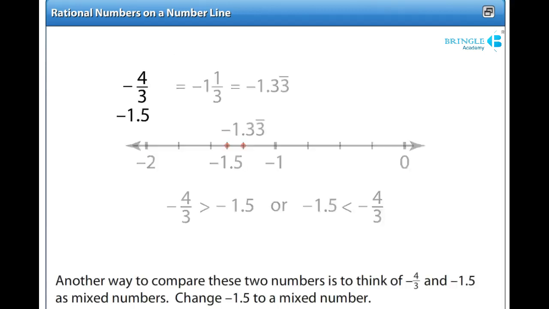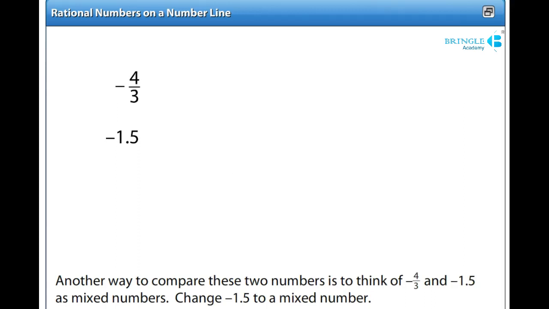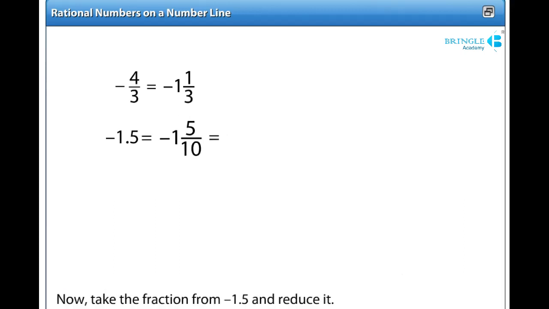Another way to compare these two numbers is to think of -4/3 and -1 5/10 as mixed numbers. Change -1 5/10 to a mixed number. Now take the fraction from -1 5/10 and reduce it.